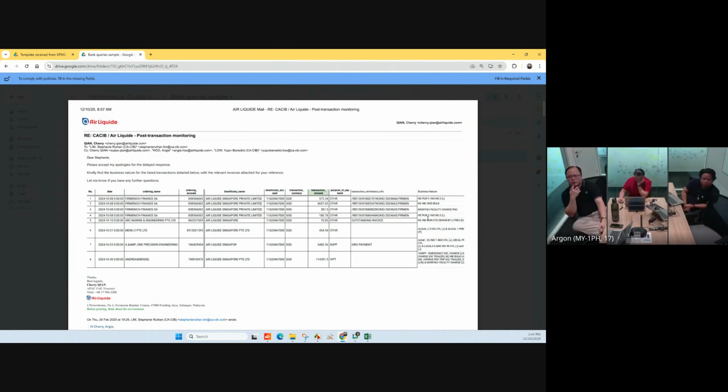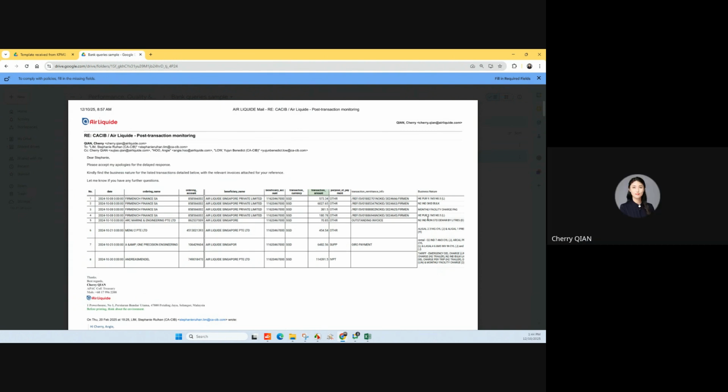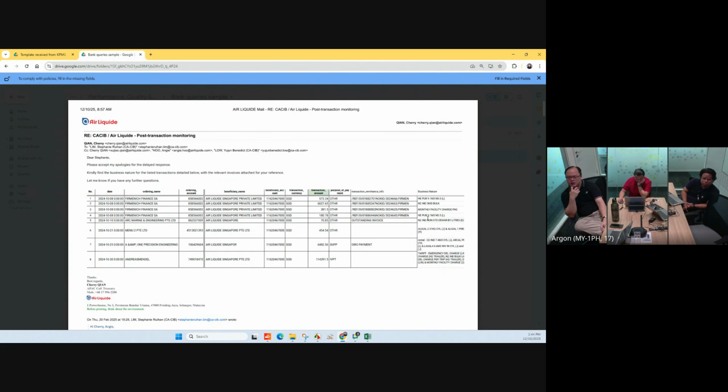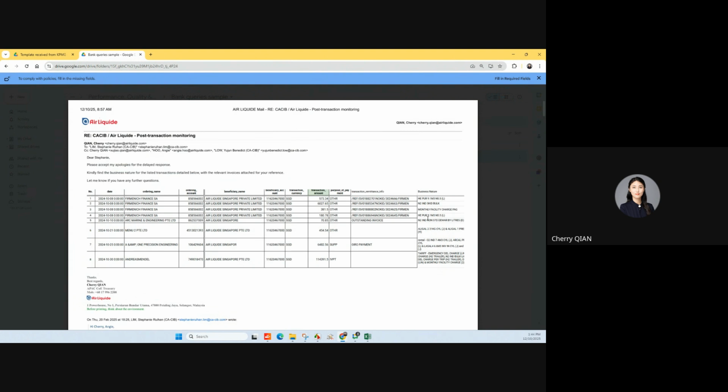Sorry, is there a POP from CACIB that we can refer to? Sorry, POP? What is POP? Purpose of payment, a listing from their end. No, at least for this one now, they are not asking for the purpose code. They are asking to explain why they have this payment.